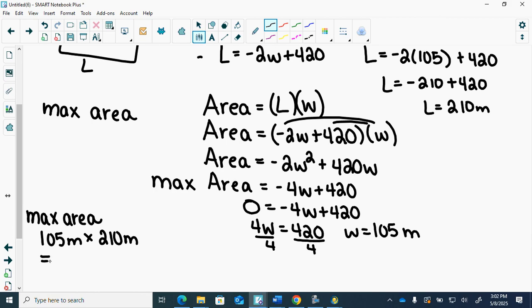The width is 105, Ashton, and the length is 210. 22,050 meters squared. Right? So you can give me the dimensions and the maximum area. We agree? The ones we did in class where we just had a number and another number and we defined the maximum product or the maximum sum, right? Those are all fine too.